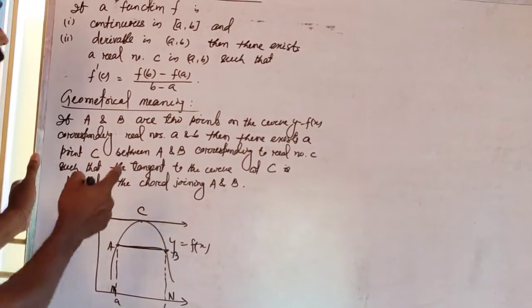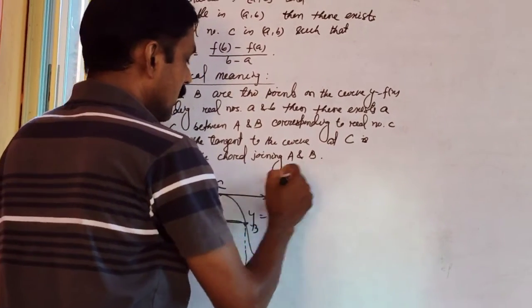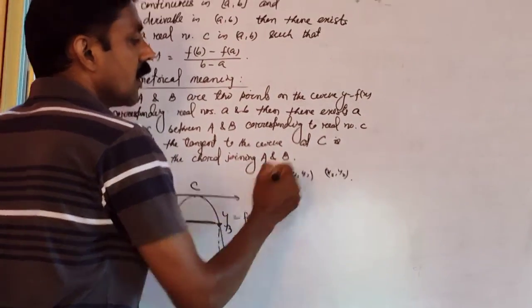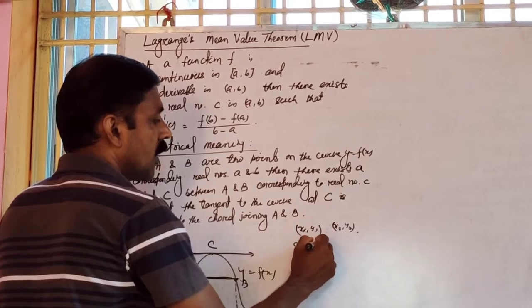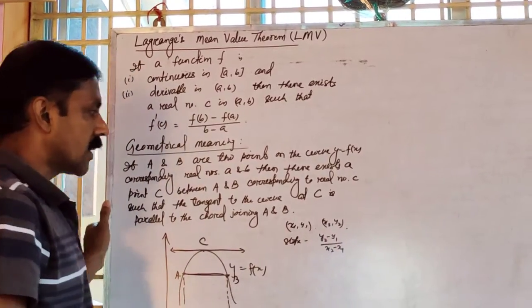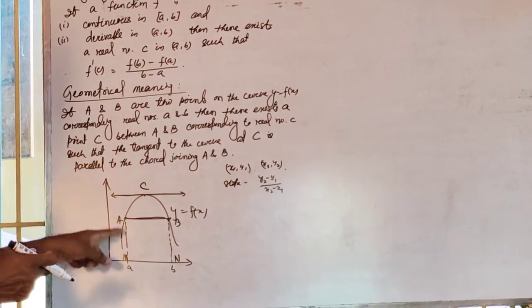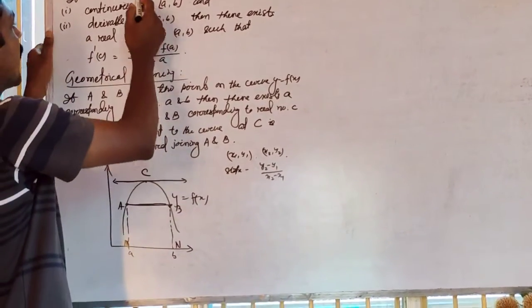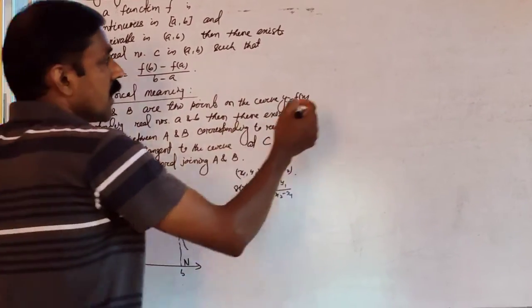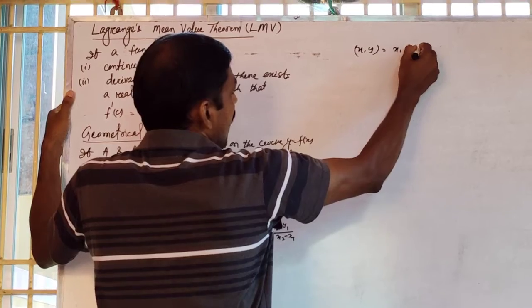In class 11, we have learned about the slope formula. Suppose x1, y1 is one point and x2, y2 is another point. Then the slope is y2 minus y1 by x2 minus x1. Now in coordinate geometry, when we write y equal to f of x, in coordinate form x, y it is the same as x comma f of x.